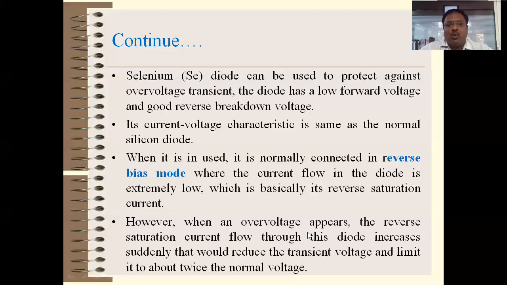However, when over voltage appears, that is reverse voltage, the reverse current through the diode increases suddenly, and that reduces the transient voltage and limits it to about twice the normal applied voltage. So the device may handle twice the normal voltage applied.